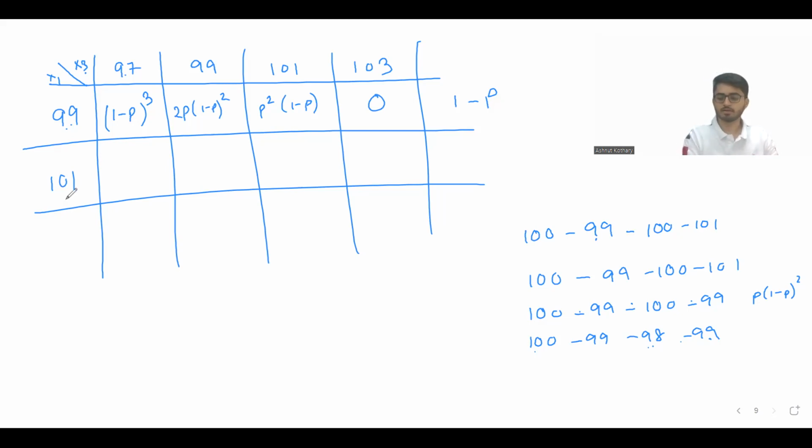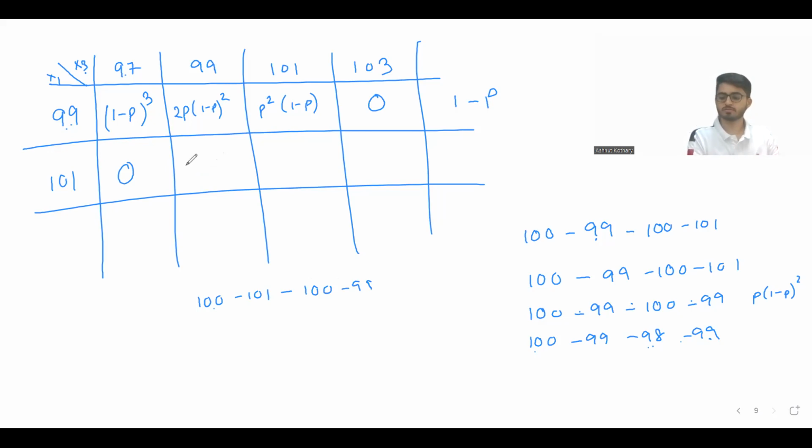Now let's try this one. X1 is 101, X3 97 is 0. If X1 is 101, X3 can be 99 at minimum. X1 is 101, X3 is 99. Let us go principle-wise. 100, 101, 100, 99.